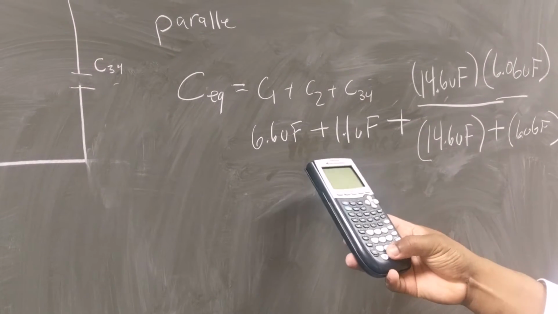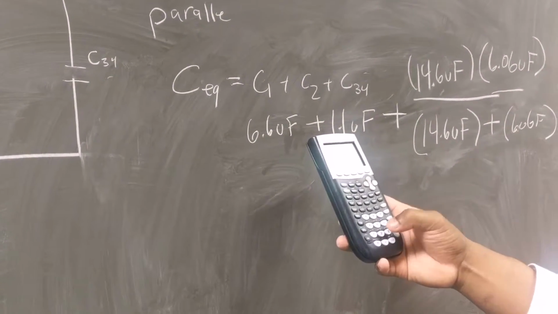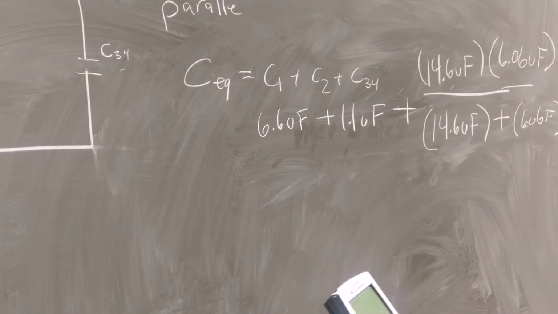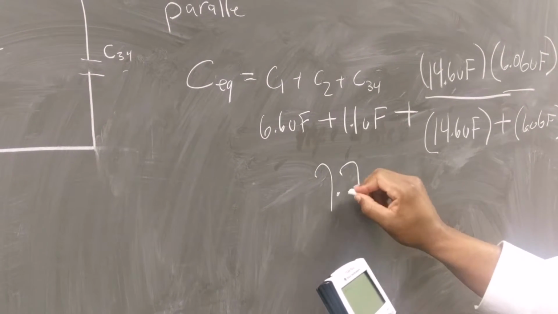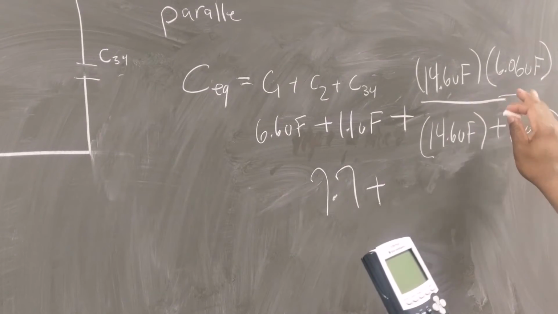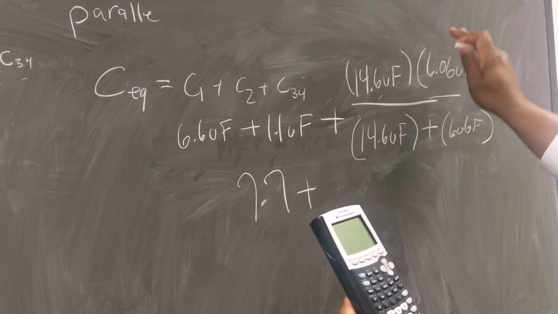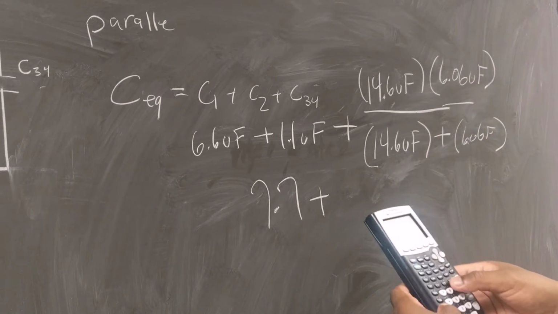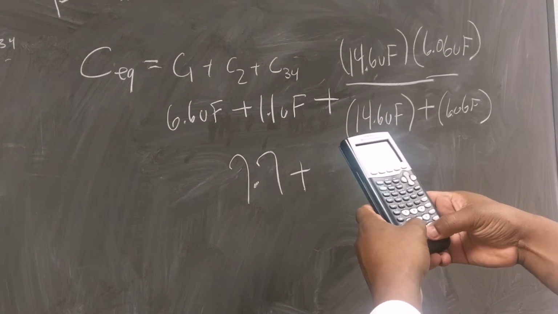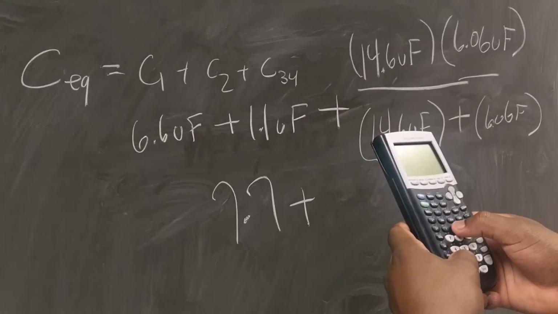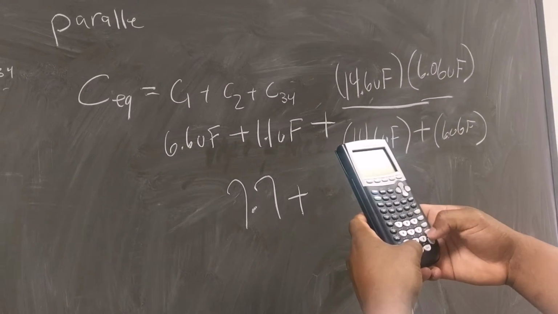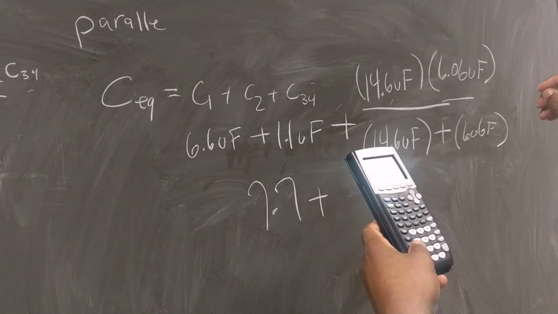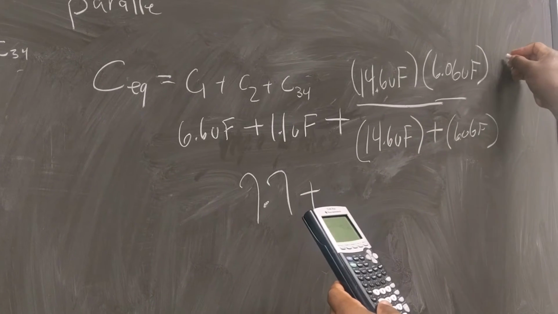I'm going to calculate 6.6 microfarad plus 1.1 microfarad, and I get 7.7. Then I'm going to begin this section and multiply at the top and make sure I add at the bottom, in the denominator. So I'm going to multiply 14.6 times 6.06 together. I'm going to get 88.476.